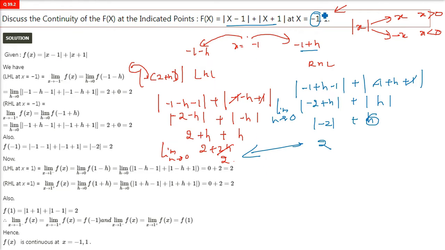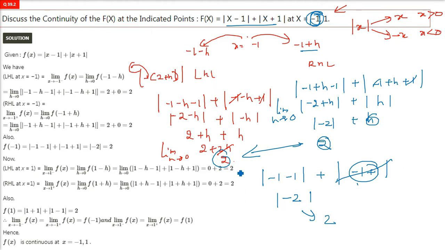Now we have to do one more activity. We need to put -1 in this function and check whether the value comes to 2 or not. So I am just placing -1 here: -1 minus 1 and -1 plus 1. This 1 minus 1 is 0, so modulus of 0 is of course 0. Minus 1 is -2, so modulus of -2 is 2.